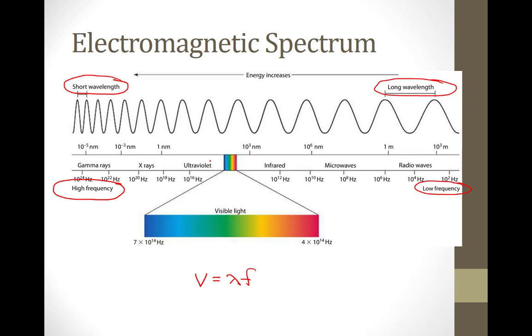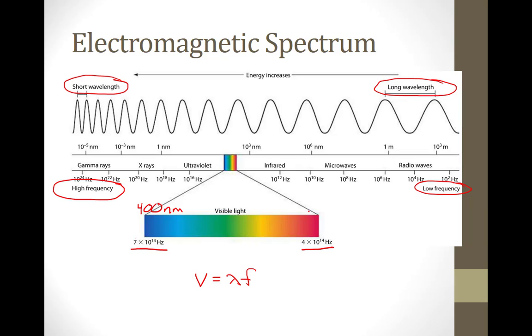This particular schematic is saying the range of visible light goes from 7 times 10 to the 14th hertz to 4 times 10 to the 14th hertz. Those are the range in frequencies. In wavelength, it's pretty much reversed. So 7 times 10 to the 14th hertz would be about 400 nanometers.